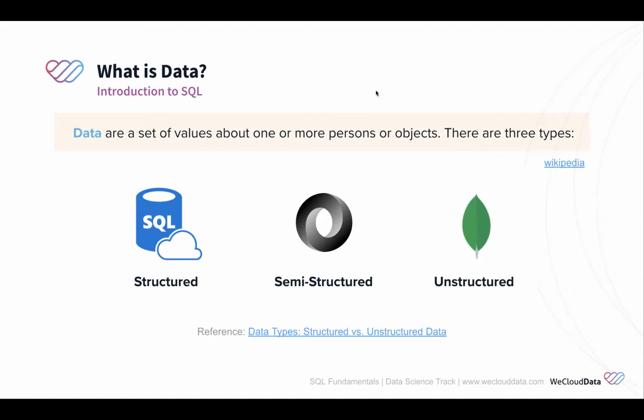Now, quick question to everyone. Can you give an example of structured data and semi-structured data? Feel free to unmute yourself or send to the Zoom chat. Excel spreadsheet equals structured.